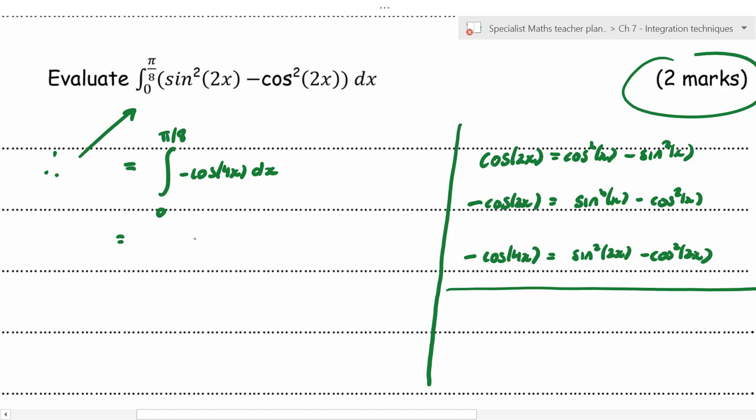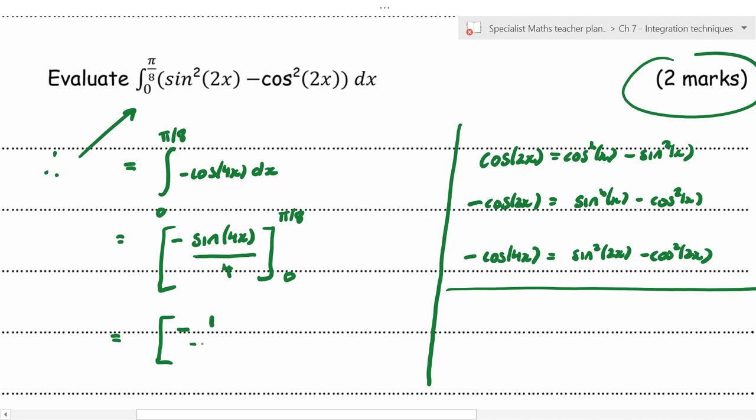Now, that's going to be minus sine of 4x, remember, I'm dividing through by the 4, between pi on 8 and 0. Subbing in pi on 8, pi on 8 times 4 is pi on 2. Sine of pi on 2 is 1, so careful with the negative though, that's going to be negative 1.